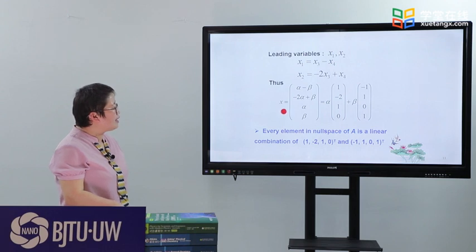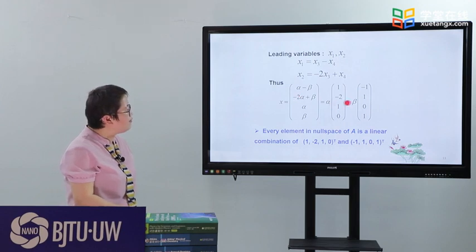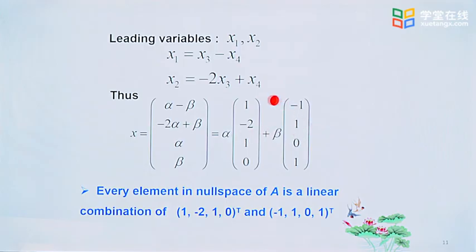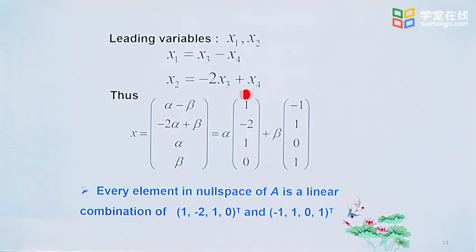Any vector in this null space of A, in this subspace, is a linear combination of these two given vectors, because alpha and beta can be chosen arbitrarily, while the two vectors are fixed. So every element in the null space of A is a linear combination of the given vectors (1, minus 2, 1, 0) and (minus 1, 1, 0, 1).